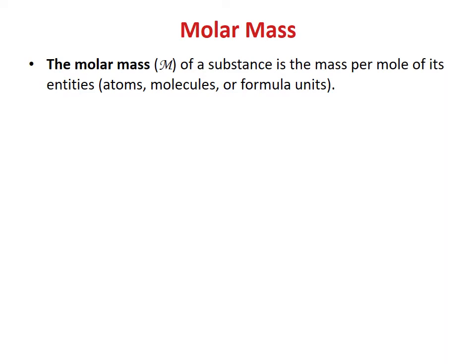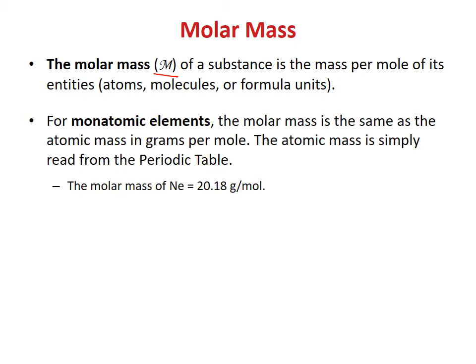The molar mass, abbreviated as M, of a substance is the mass per mole of its entities. This includes atoms, molecules, or formula units. For monatomic elements, the molar mass is the same as the atomic mass in gram per mole. This is extremely important.